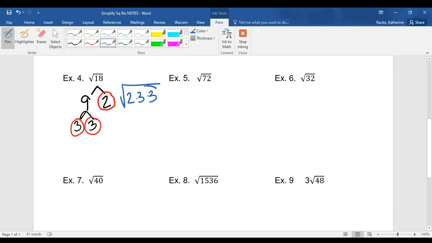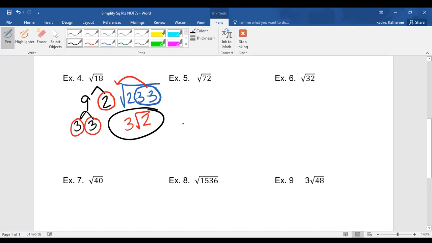As you can see, I have a pair of 3s. If I have a pair of 3s, that means that is going to come on the outside of the square root, and if I have a number left over, that's going to stay on the inside. So my 2 is going to stay on the inside. If I have one group of 3s, then I'm pulling out one 3. Okay, so that would be your answer right there.